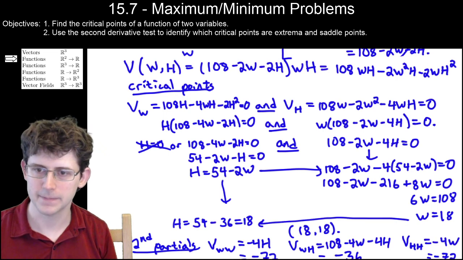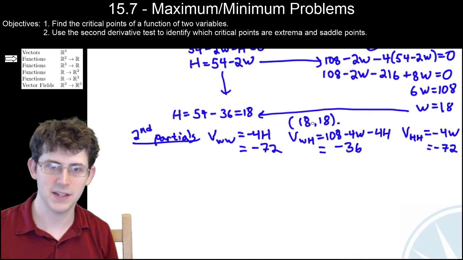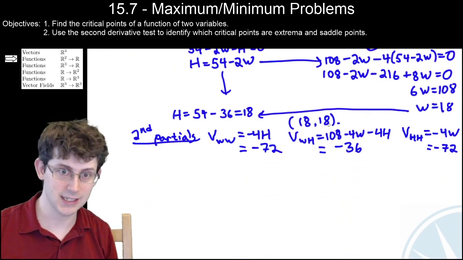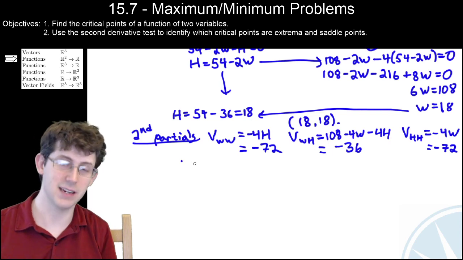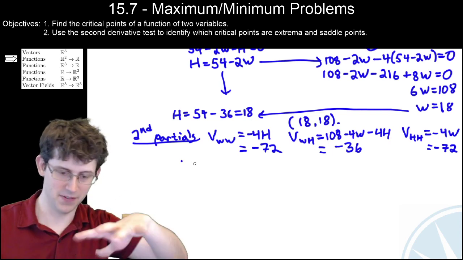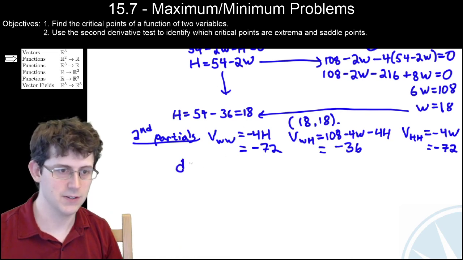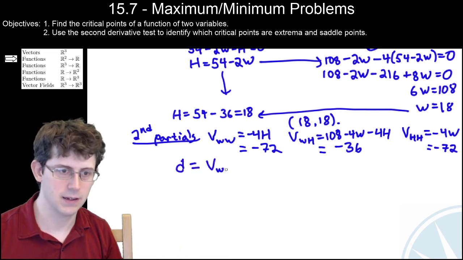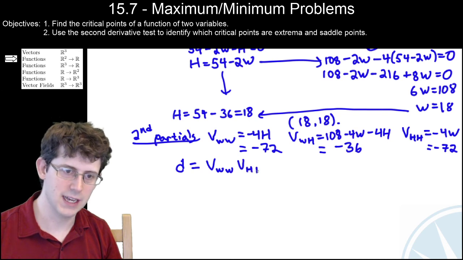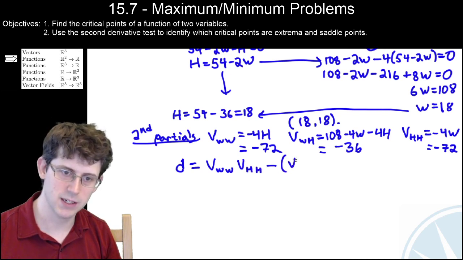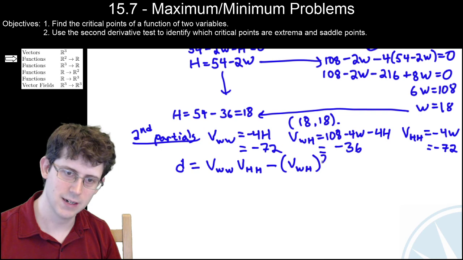Yeah, okay. So we're now trying to figure out if this is the best possible box, the worst possible box, or some kind of weird saddle point where it's not the best or the worst. To find that out, you find the discriminant: Vww times Vhh minus the mixed partial squared.